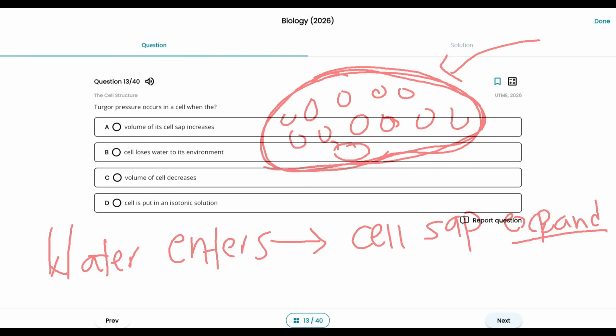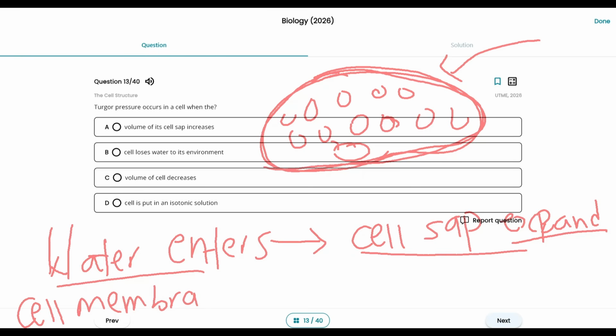So from here to here, the next thing is that the cell membrane increases, let me use this arrow, against the cell wall.